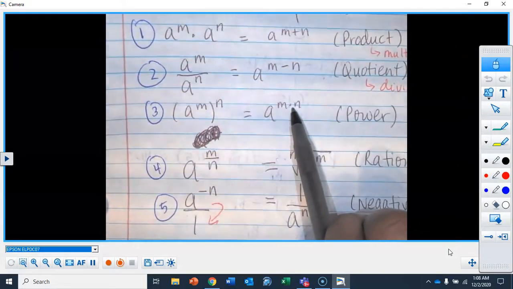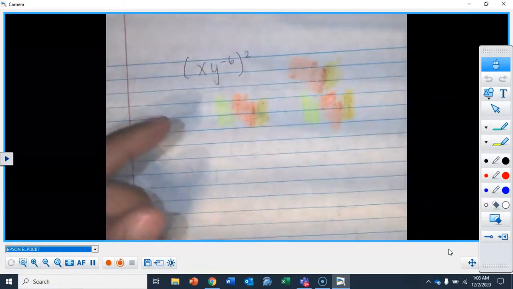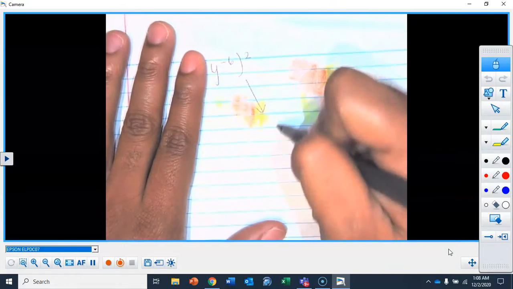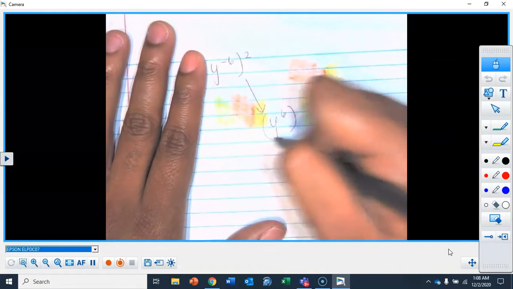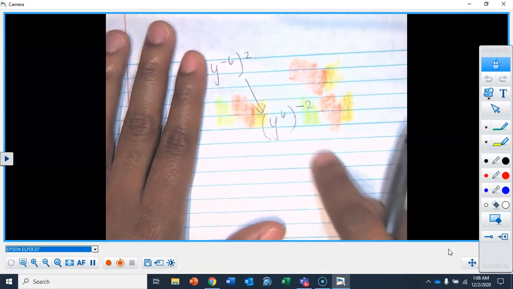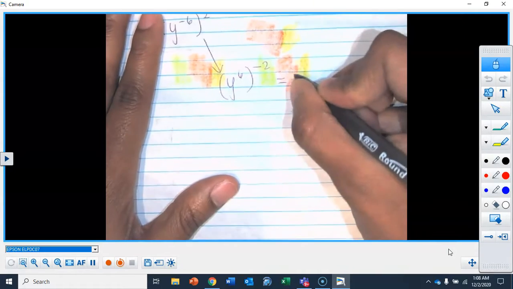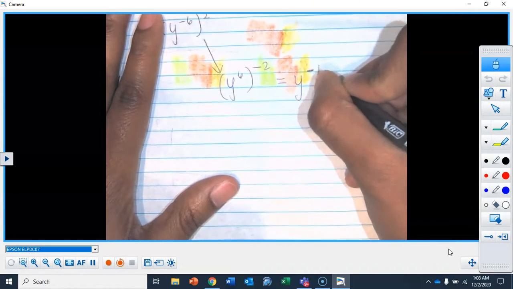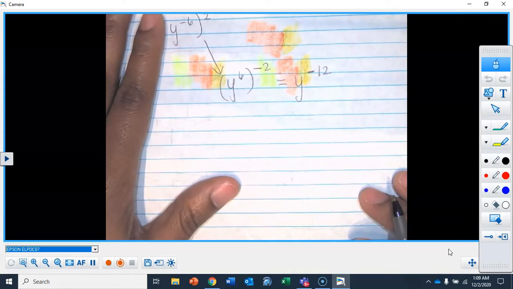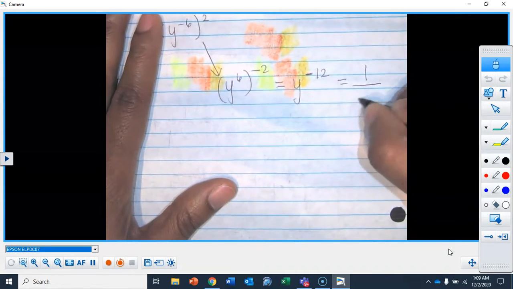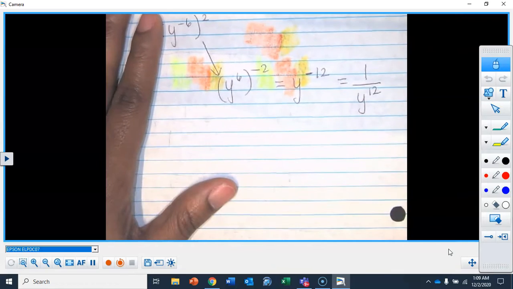I need to multiply, okay, right? So when I look at this, just for the y for a second, I'm going to say, hey, I have y to the negative 6 raised to the 2. I need to multiply those together. Can y'all see that? So this becomes y to the negative 12. And then this is not proper, right? So this becomes 1 over y to the 12.